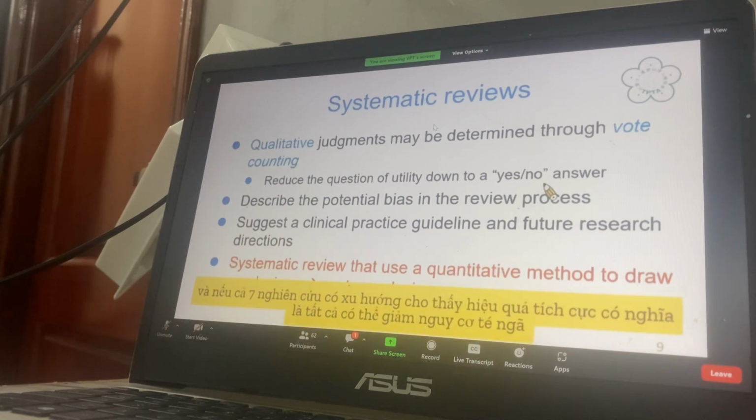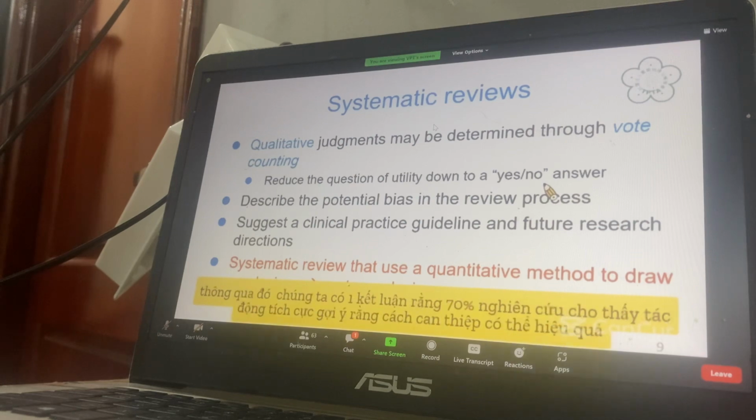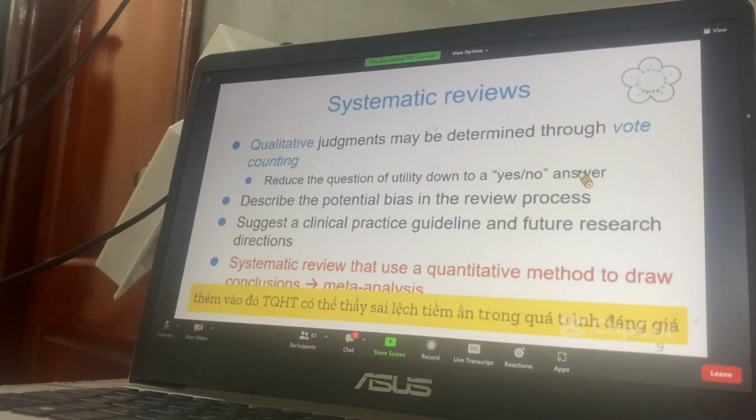If among those 10 articles, 7 showed a positive effect and showed that the intervention can reduce fall risk, while 3 articles showed no significant differences or no effect, then through vote counting, we can get the conclusion that 70% of the articles showed a positive effect, suggesting that this intervention may be effective to reduce fall risk of elderly.